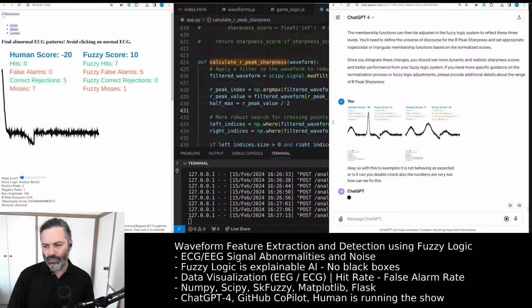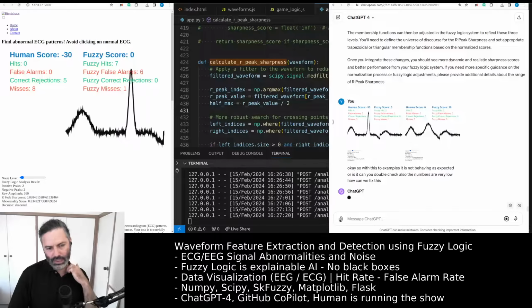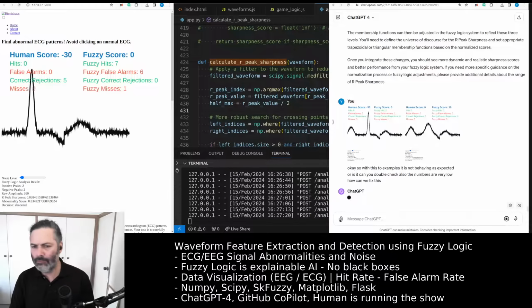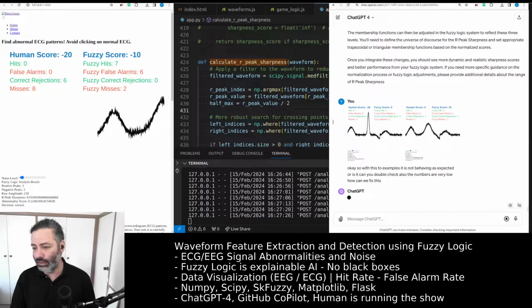But then it's thinking forever. Doesn't look promising. Let's try and fix the code manually.